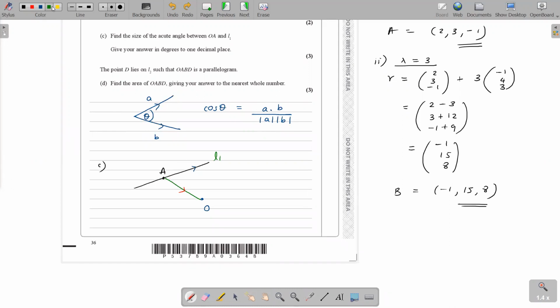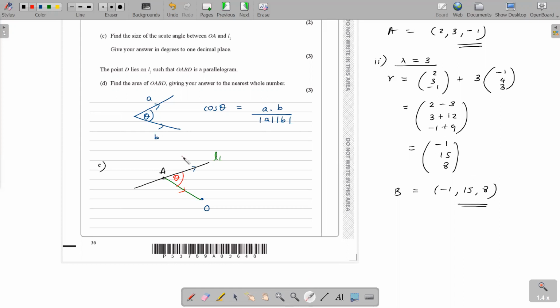You can mark the angle theta to this side, or even to the other side. It's fine. They ask you to get the acute angle. So when you get the cos theta, if you get the obtuse angle, all you have to do is subtract it from 180 and you get the acute answer.